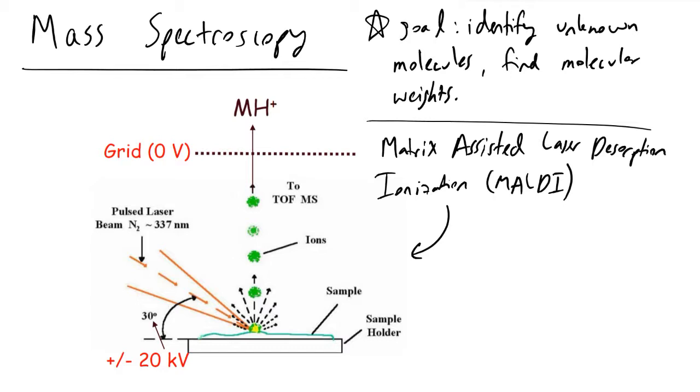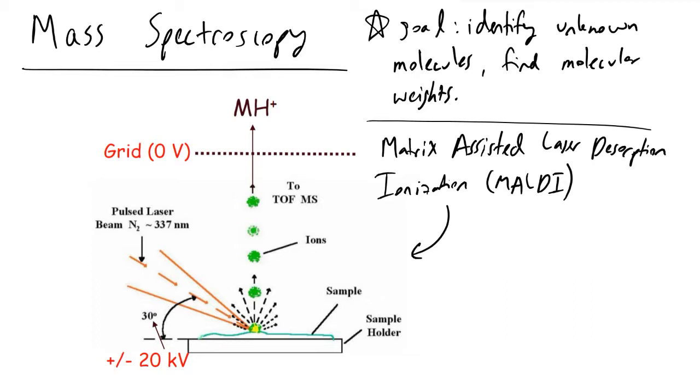As the laser interacts with the molecule, the electrons become excited and jump off of the molecule, so it gains a positive charge, or the molecule can take on a negative charge and a proton will jump onto it as well.